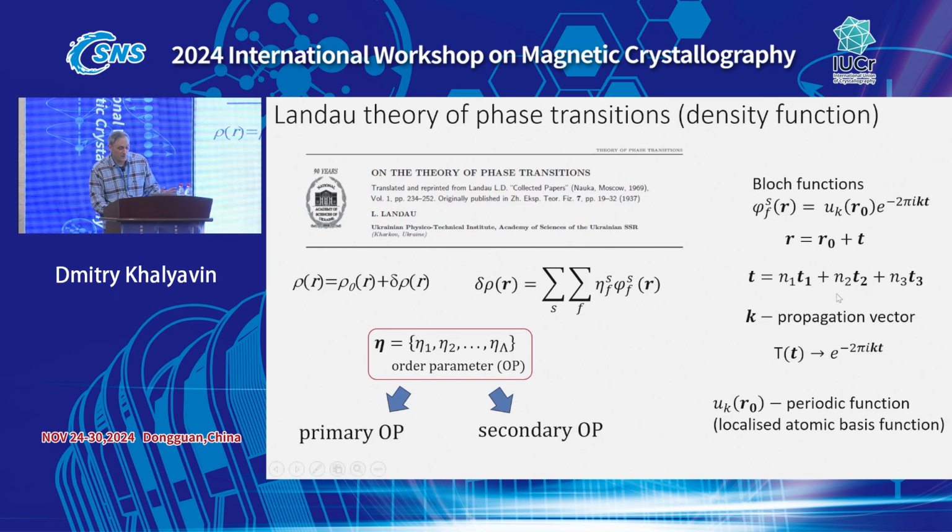And now if we have a look at our decomposition, we see that our Landau decomposition is simply a decomposition of our distortions into a Fourier series, with components which in the general case are associated with different propagation vectors. That's what it is. And it's very natural, because we are dealing with periodic structures, and they can be decomposed into Fourier series.